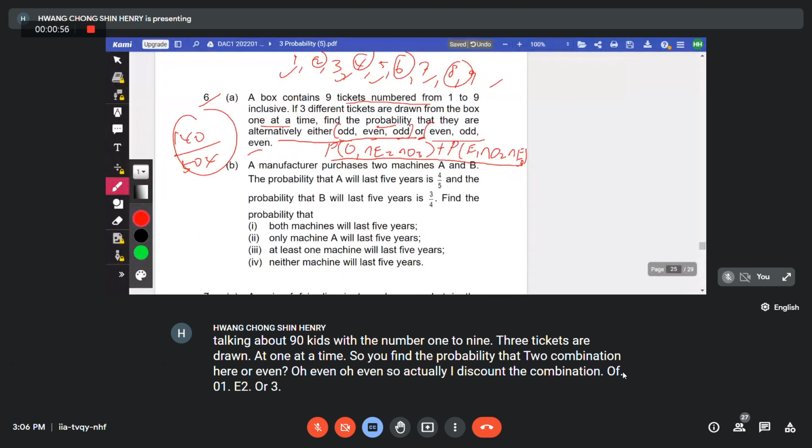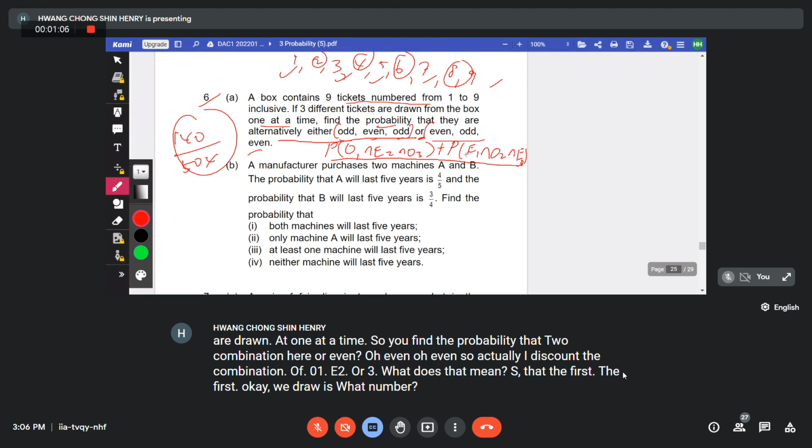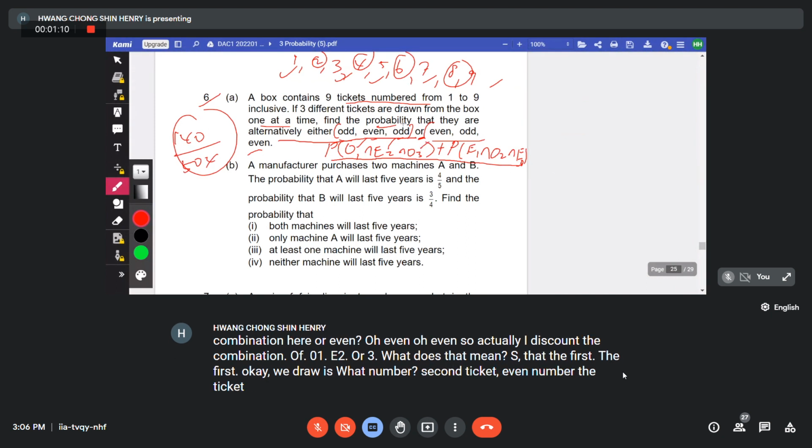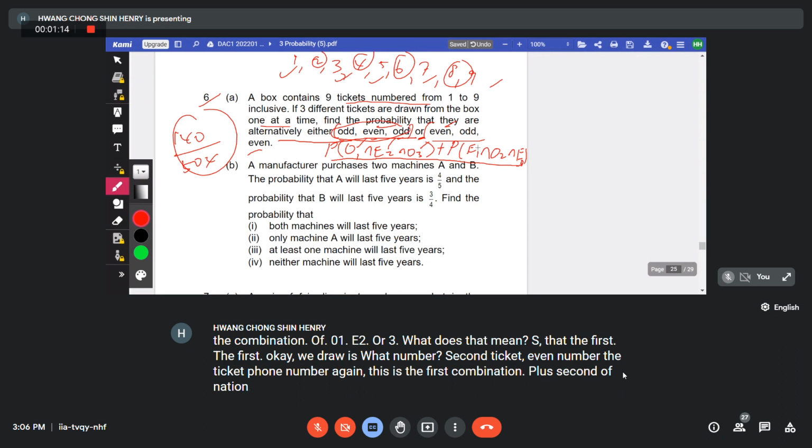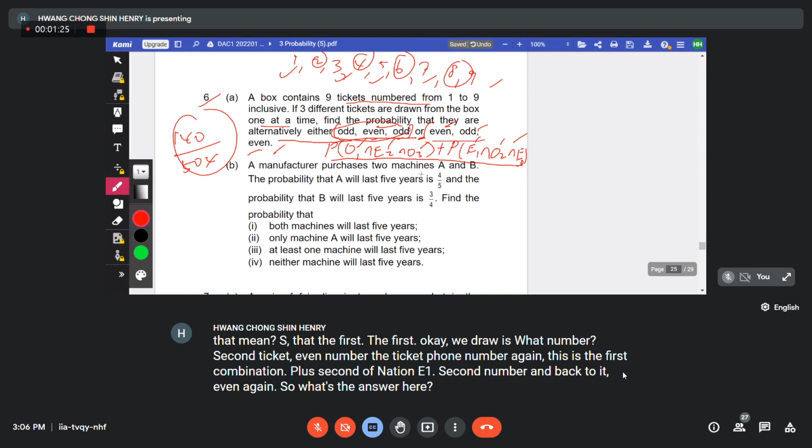What does that mean? It means that the first ticket we draw is an odd number, the second ticket an even number, the third ticket an odd number again. This is the first combination. Plus the second combination, E1, second odd number, and third back to even again. So what's the answer here? Later some of you show the answer.